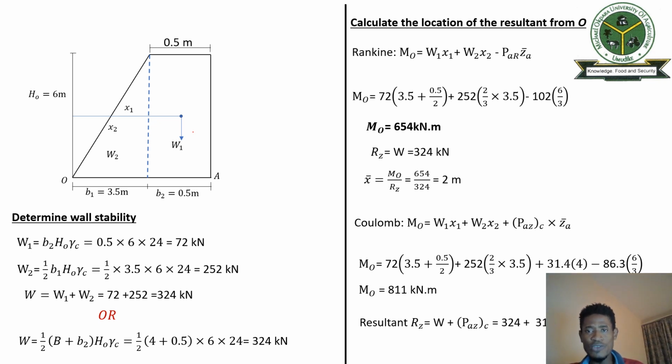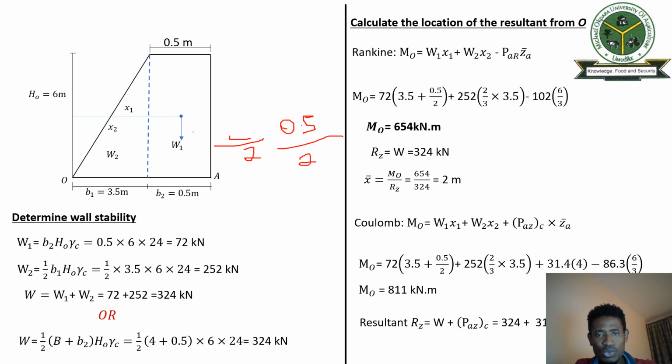It is L/2. And that is why we have 0.5/2 for this place. So the centroid of this particular shape is L/2. So we now have 0.5/2. We'll add it to 3.5 because we are calculating the distance from here up to this point of our rotation. Then we multiply by the weight.